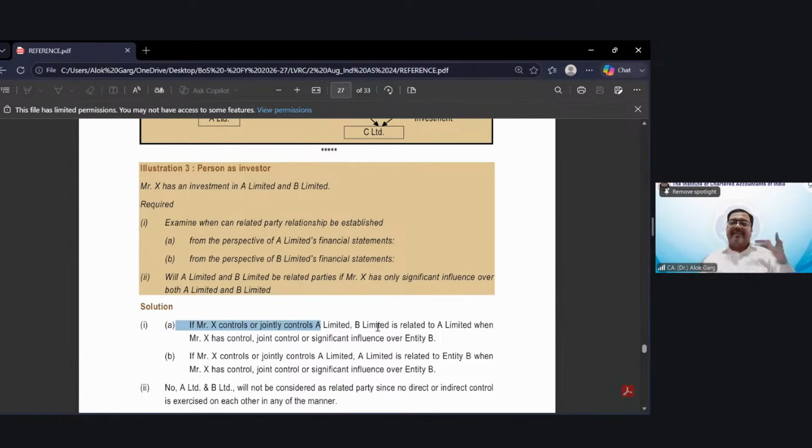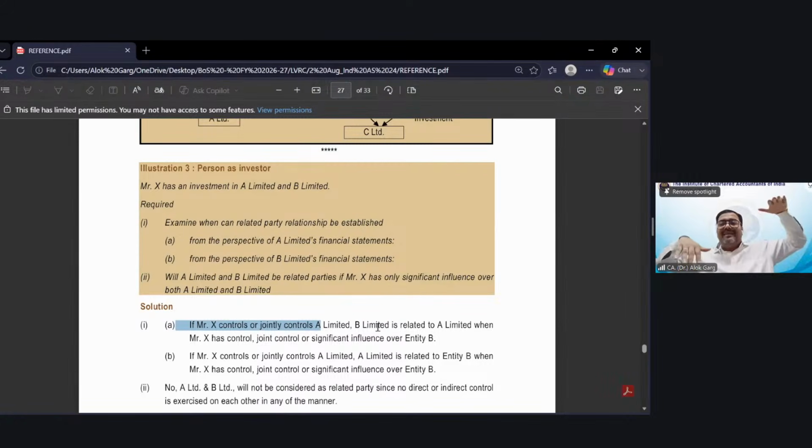Now, when will A and B become related parties? When Mr. X controls or joint controls A, and Mr. X controls or joint controls B, then these entities will become related parties. Or Mr. X controls or joint controls A but has a significant influence over B, then also they become related parties.